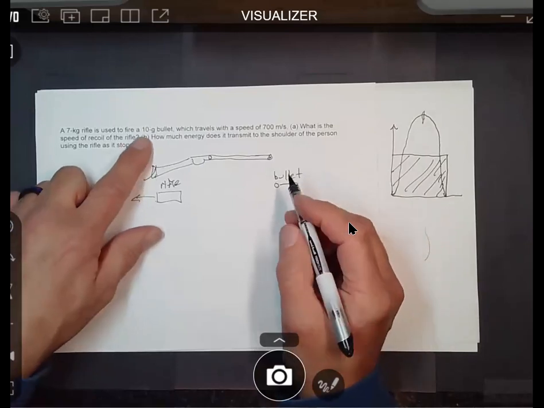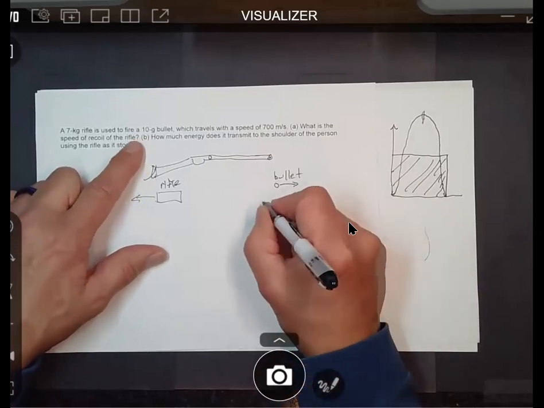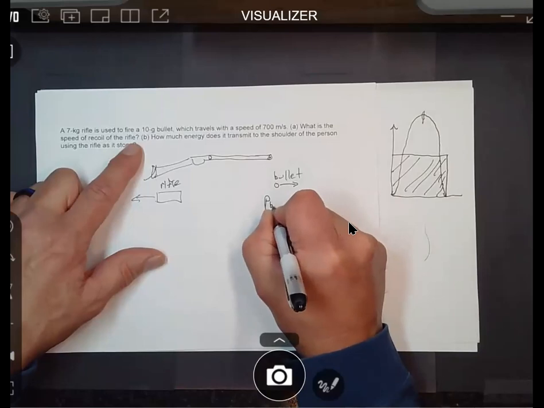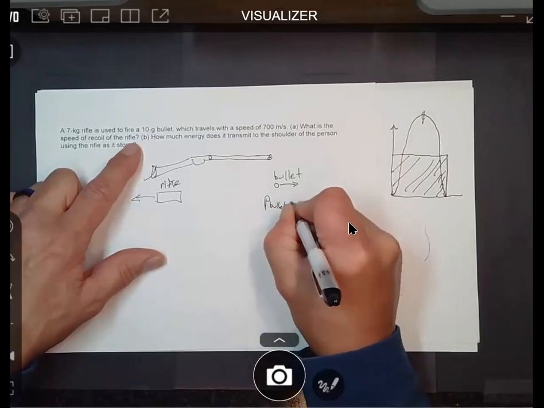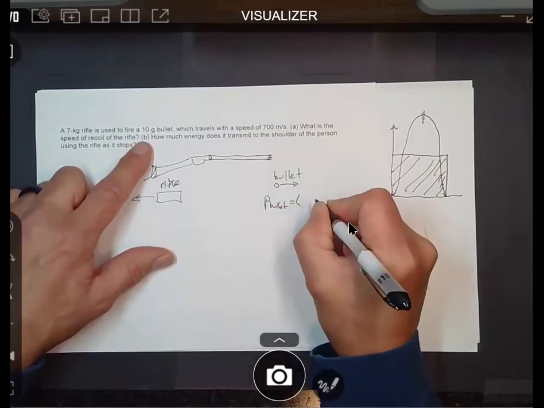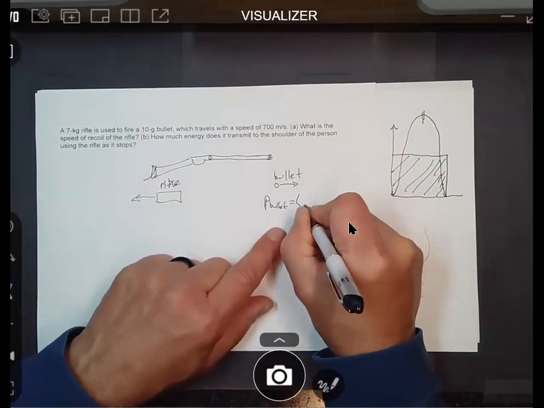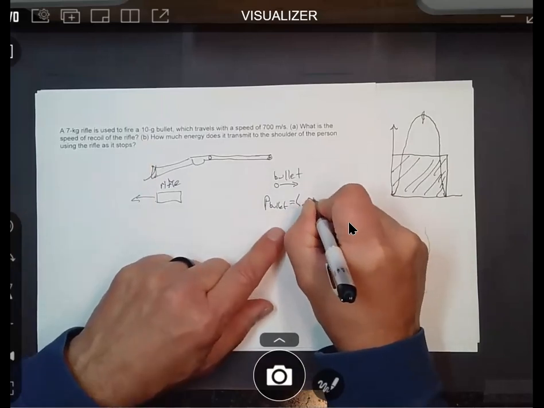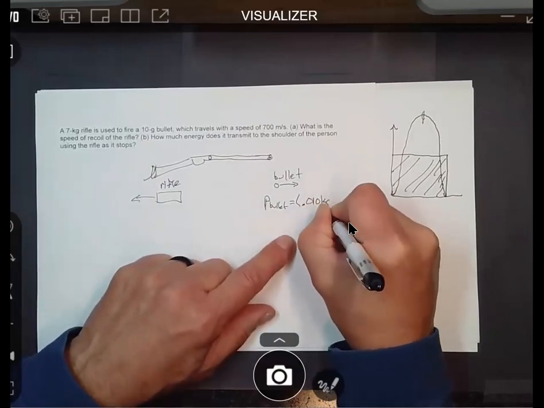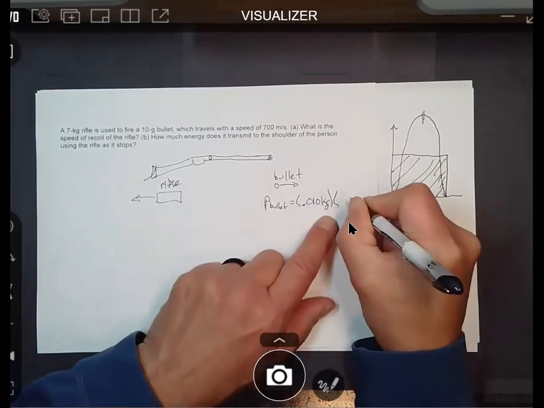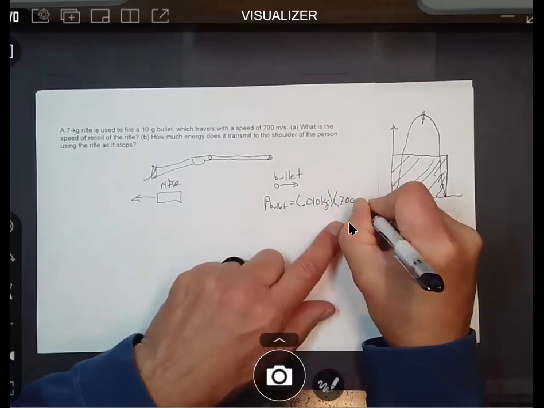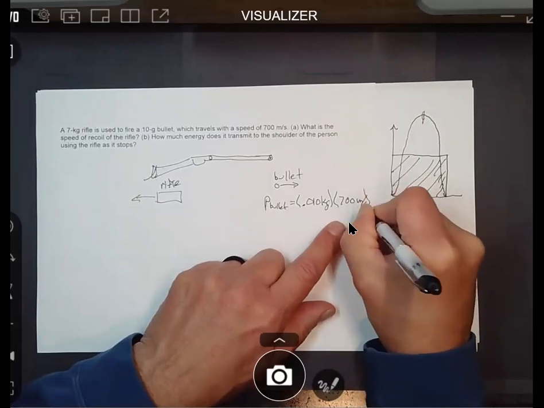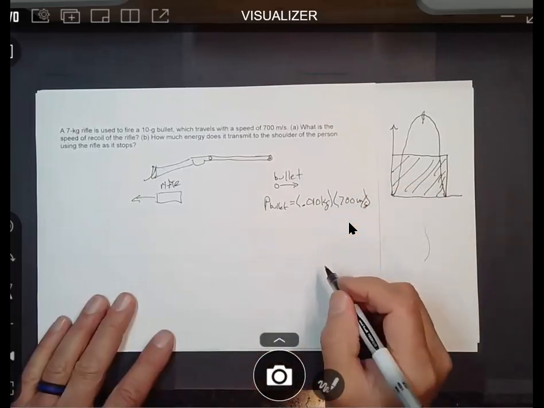So the momentum of the bullet will equal 10 grams, which is 0.010 kilograms, and 700 meters per second.